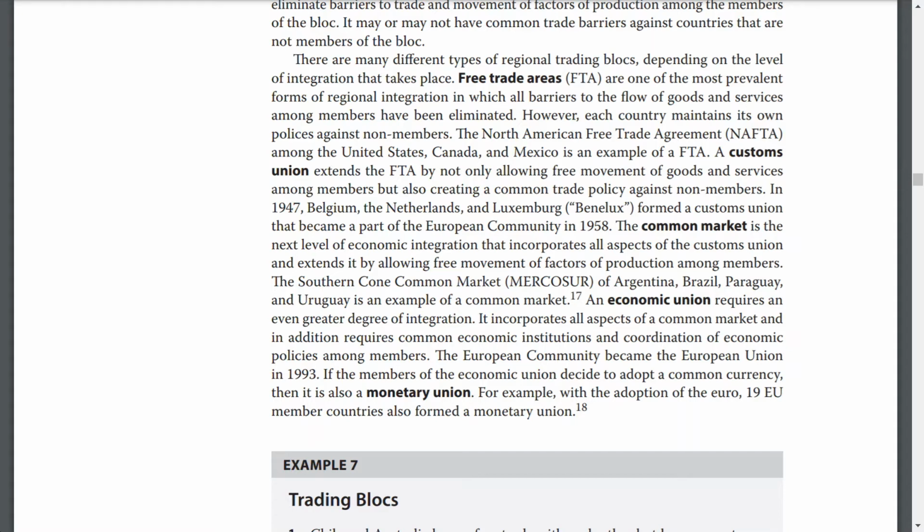The European Community became the European Union in 1993. If the members of an economic union decide to adopt a common currency, it becomes a monetary union. For example, with the adoption of the euro, 19 EU member countries formed a monetary union.